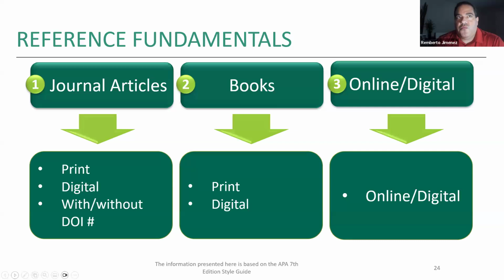The point is, if you reference a journal article, you'll be able to properly cite it in your paper using APA citations, and you'll be able to provide a reference for it at the end of your paper. Same thing with books, regardless of whether it's print or digital, or even if you use other online or digital documentation.